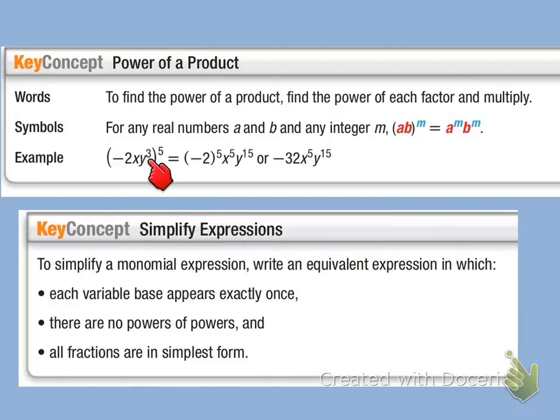Negative 2 x y cubed all to the 5th. You take negative 2 to the 5th, x to the 5th, y to the 15th. And then the coefficient, the constant in front, you actually take to that power. Not multiply. That's like the biggest mistake maker that I see.